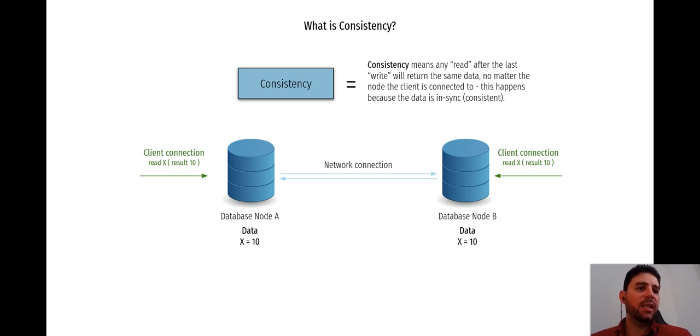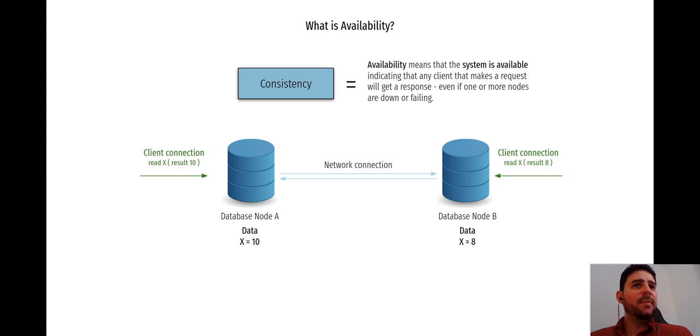The synchronization of the data was correctly made, and no matter the node, you get the correct and last data that is synced in all nodes. So if a system provides proper consistency, you have the guarantee that you can read the data after a write. The data will be consistent.